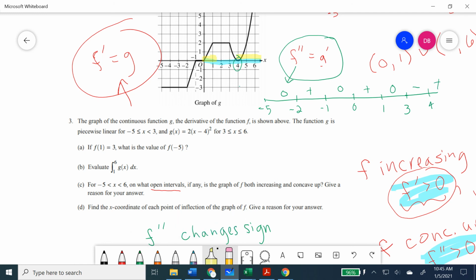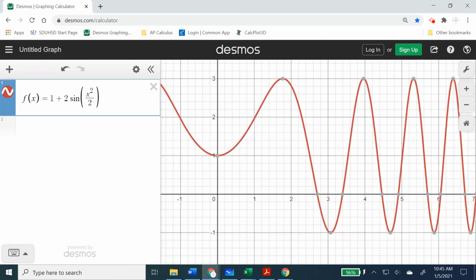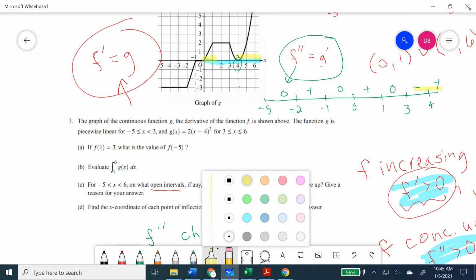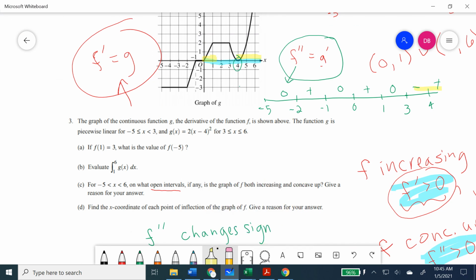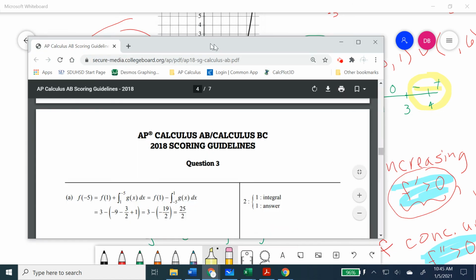The only time I have a moment of change in sign is right here. Everything else is changing from 0 to a positive or 0 to a negative. And then I'll just show the answer real quick.